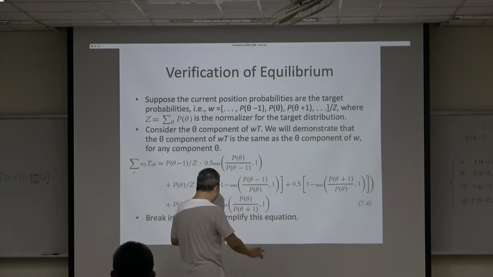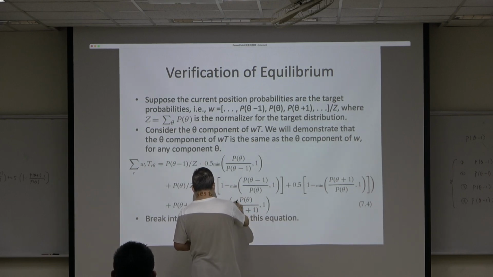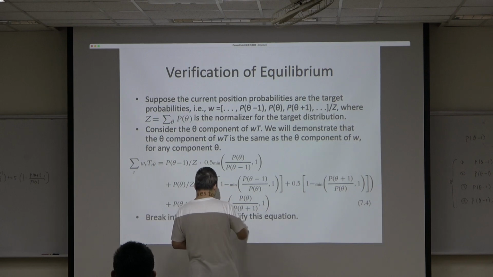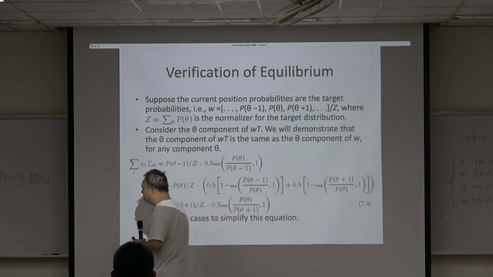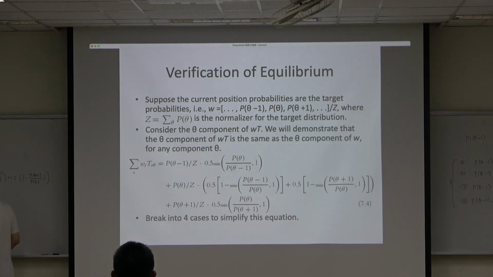Again, because p theta is larger than p theta plus 1, this term is going to end up being larger than 1, so we are going to take 1, so just 1. Okay, so let's try to simplify this.